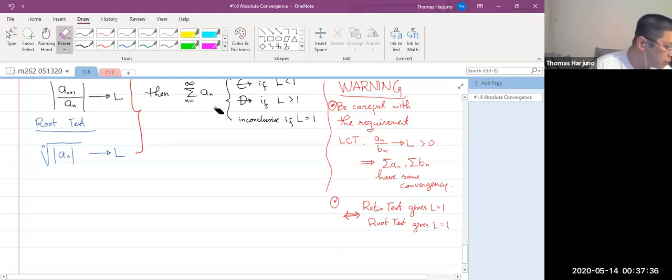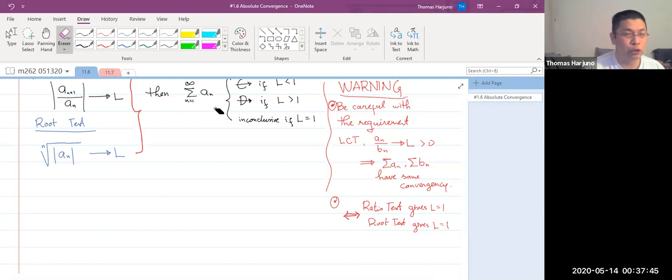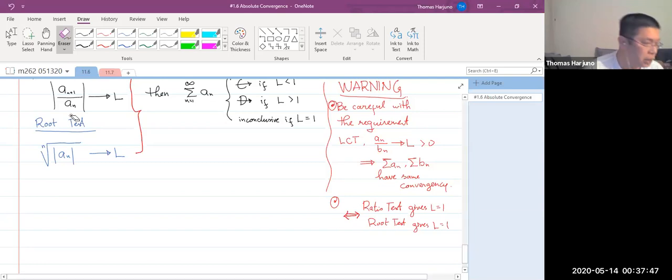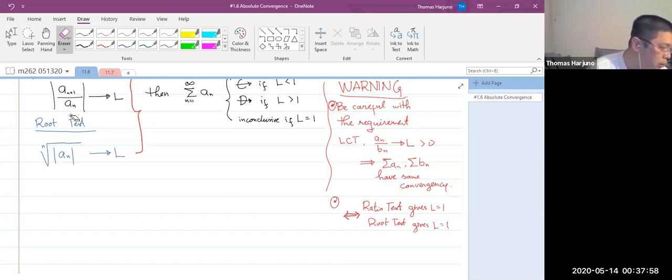You can see some examples in our textbook about the ratio test and root tests. Root tests are usually done when the terms have exponent n, while the ratio test is done if it has factorial and also the power of n.